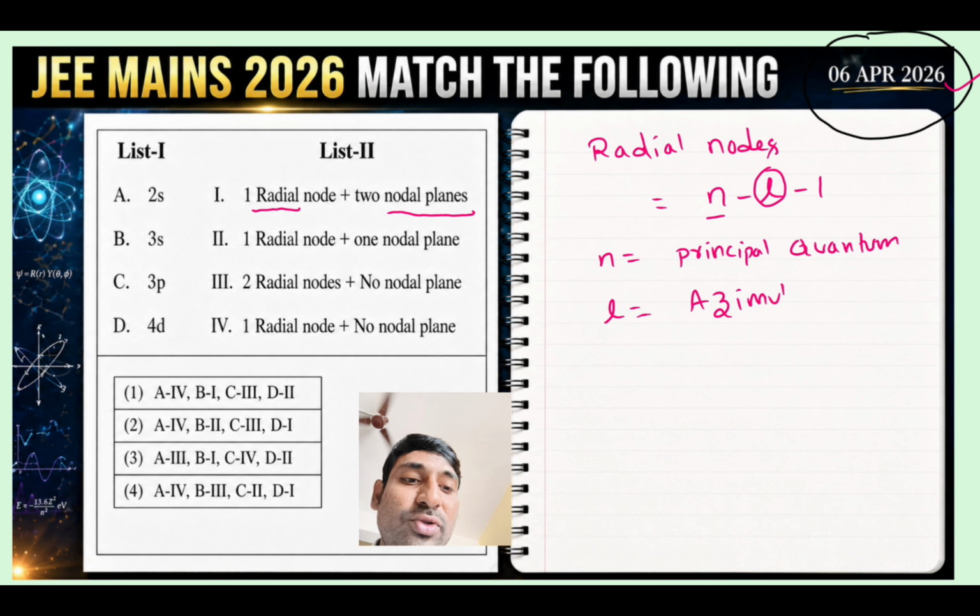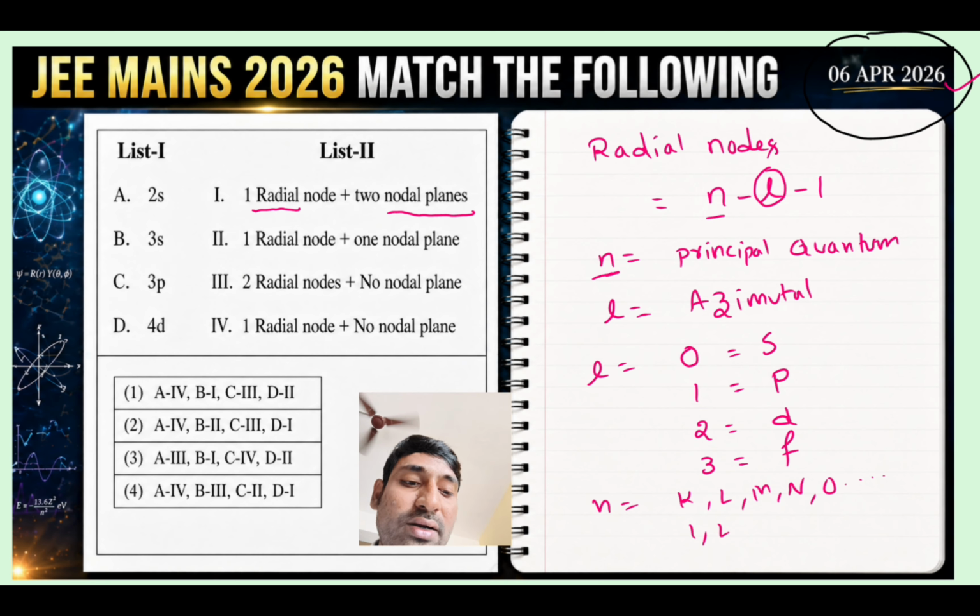The l values indicate: if l equals 0, s orbital; if l equals 1, p orbital; if l equals 2, d orbital; if l equals 3, f orbital. n is the principal quantum number: K, L, M, N, O, which is 1, 2, 3, 4, 5, and so on. It indicates the orbit number. So for finding radial nodes, the formula is n minus l minus 1.